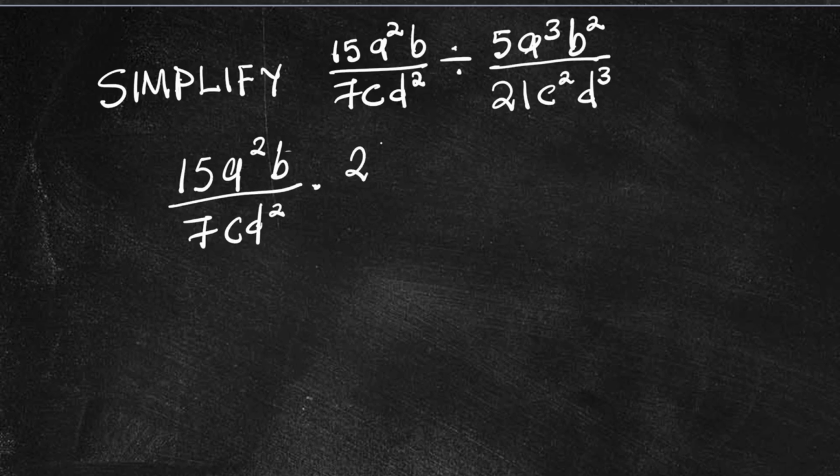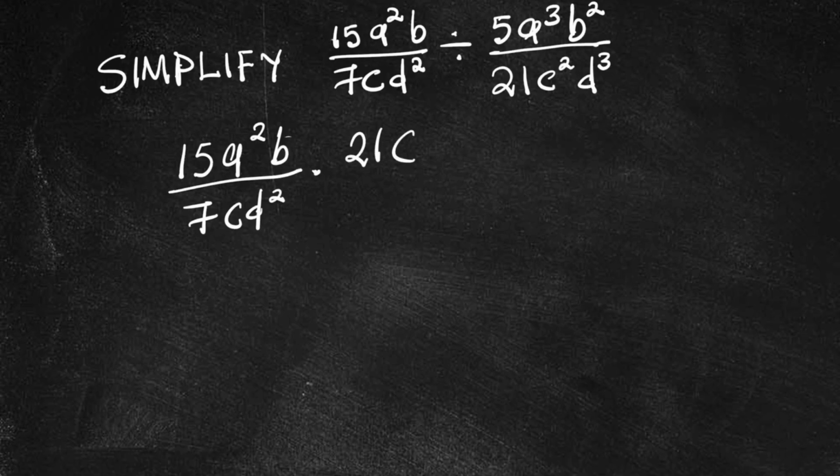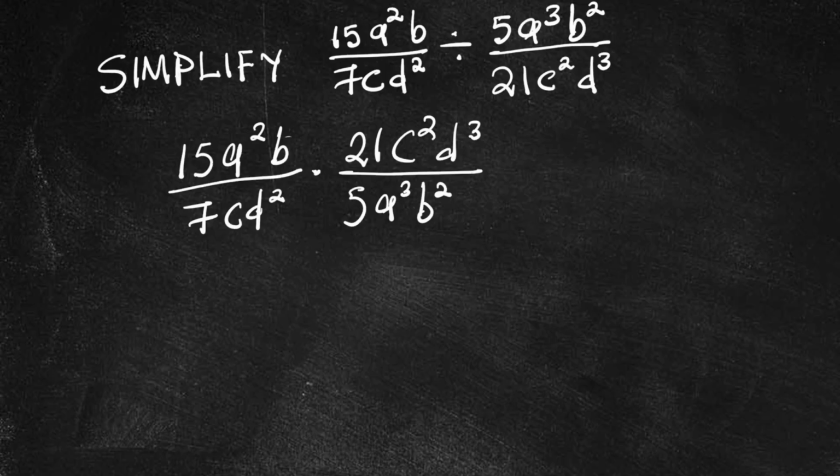So this becomes 21 c squared d to the power 3 divided by 5 a cubed b squared. Now the next thing is I can just go ahead and divide numbers. I have 15 in the numerator and in the denominator I have 5.